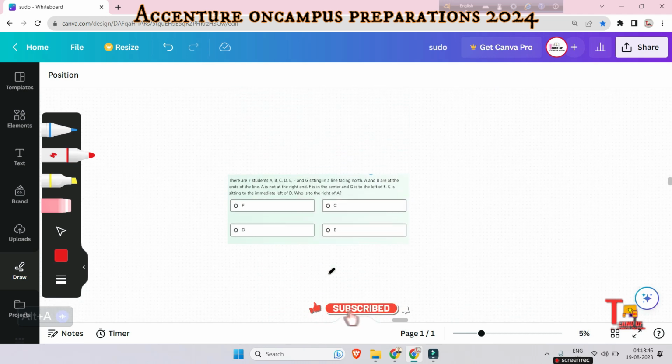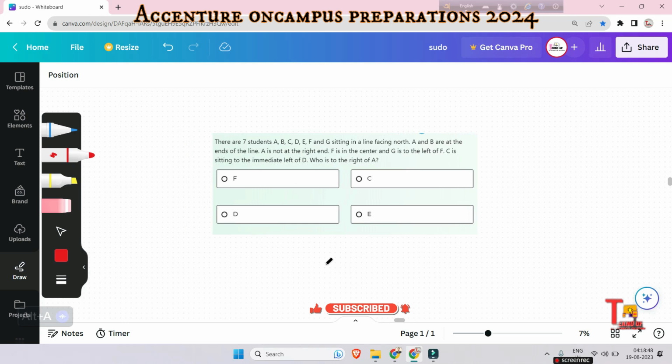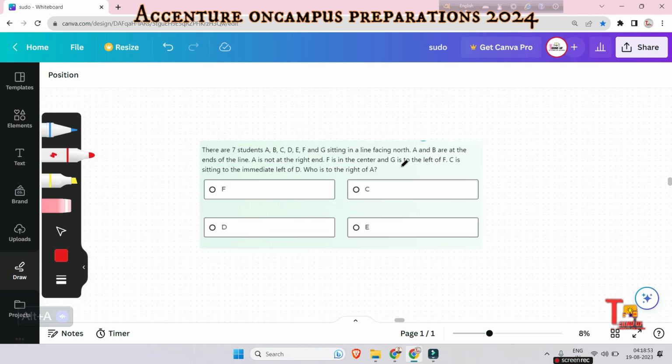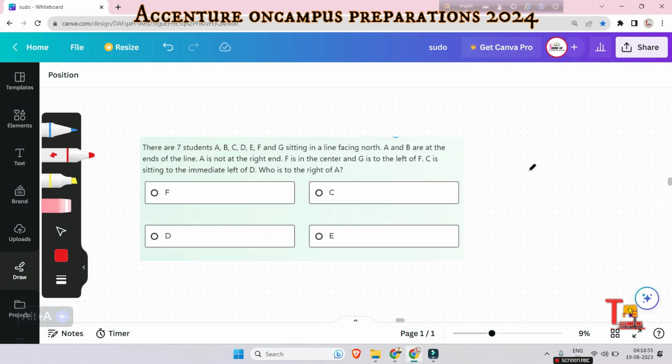That is, there are 7 students A, B, C, D, E, F, G sitting in a line facing north, right? Facing north means the upper side, right? Facing towards this side, and A and B are at the end of the line, right?